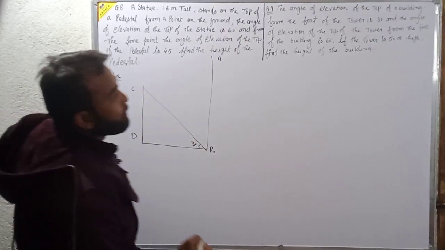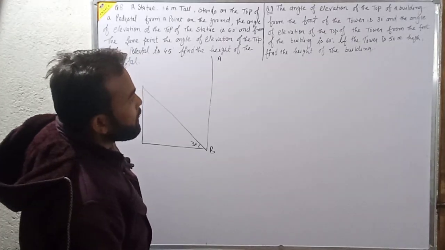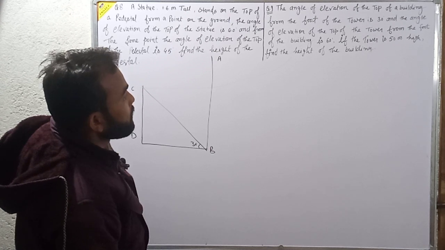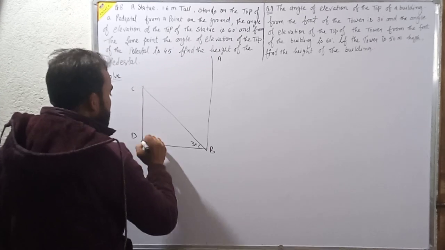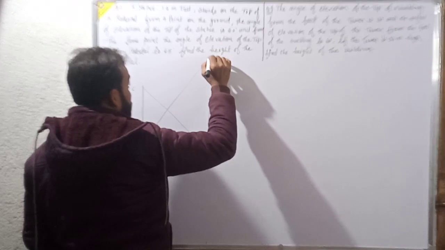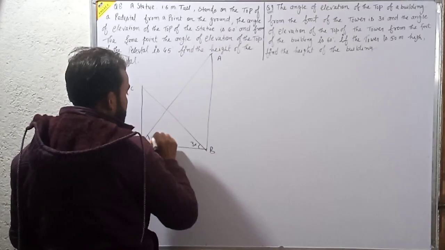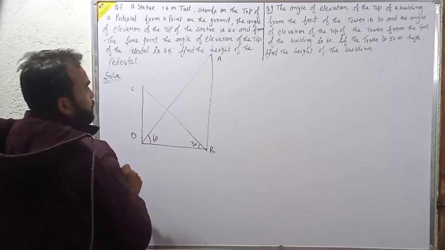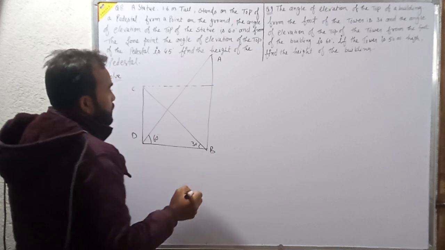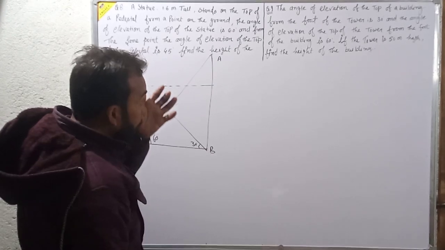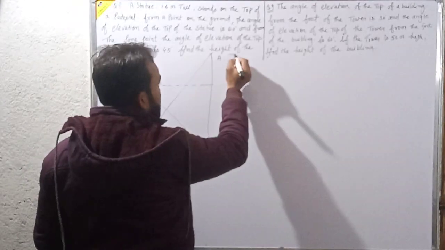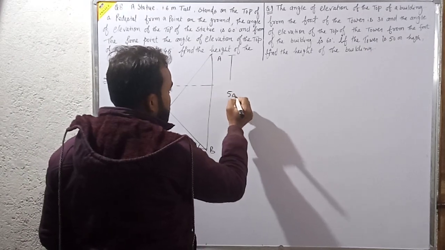Next, the angle of elevation of the top of the tower from the foot of the building, that means this will be equal to 60 degree. Now the tower is 50 meter height, it is given that this is 50 meter.